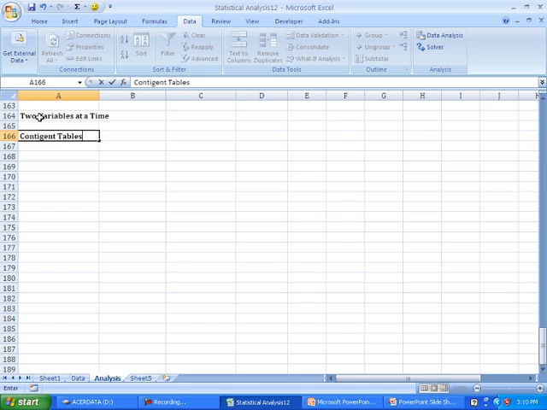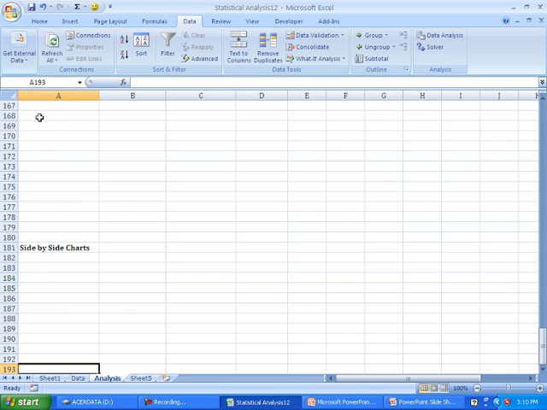We'll look at that aspect, and we'll also focus on side by side charts. These two are very common kind of applications for nominal or ordinal data, and we would also like to look at the scatter plots, which would be more appropriate for continuous kind of data.